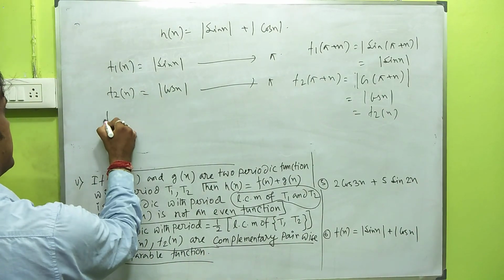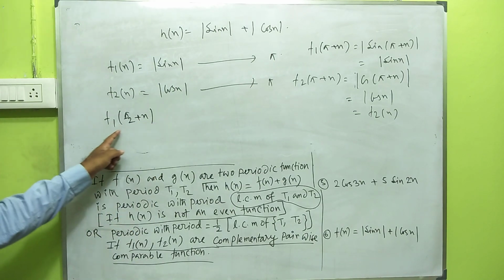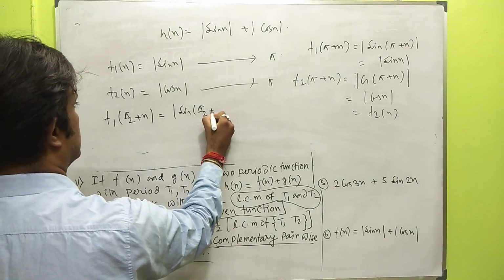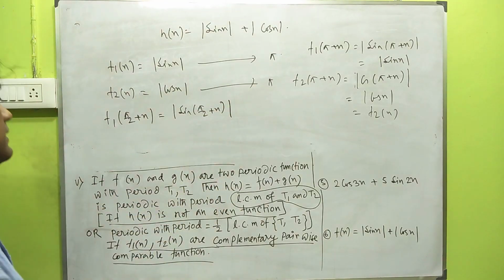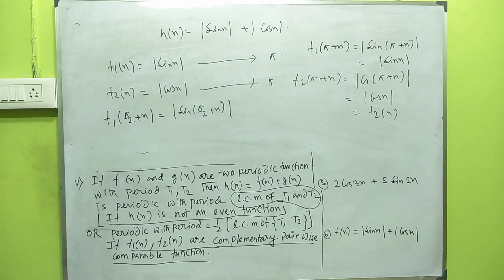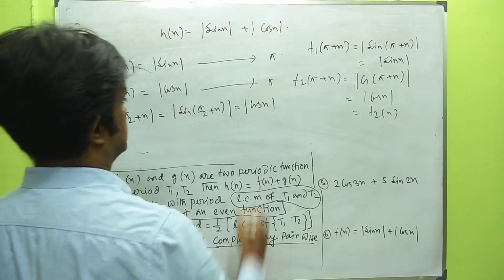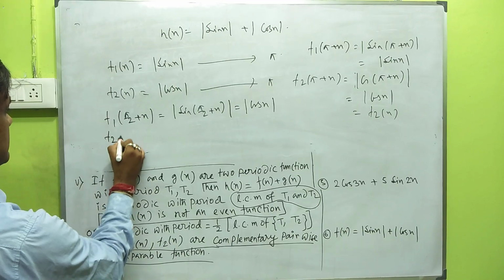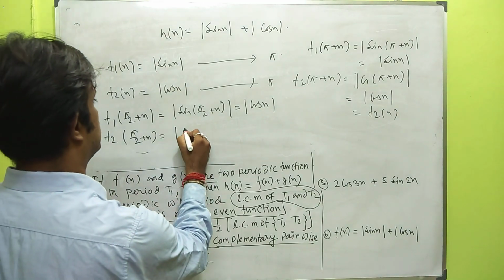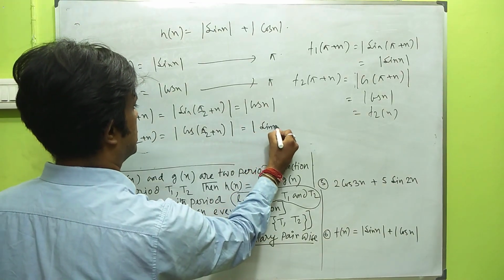If we do this, f1(π/2 + x) will be sin(π/2 + x), which is equal to mod of cos x, and f2(π/2 + x) is equal to mod of cos(π/2 + x), which is equal to mod of sin x.